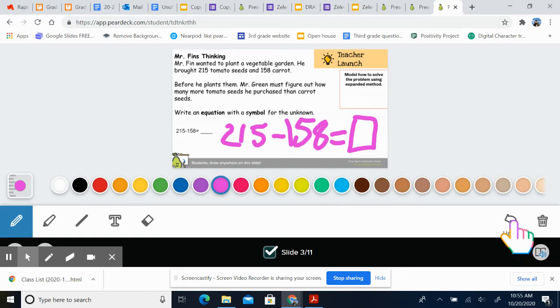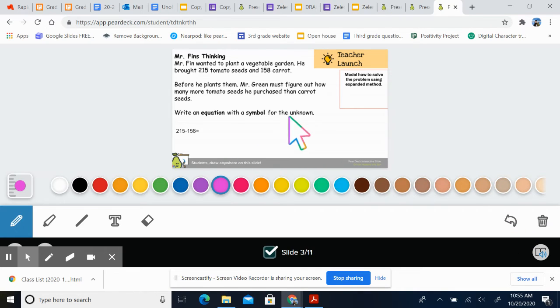So let me really quick model how I would do this. If it's just saying to write an equation with a symbol for the unknown, that's all you'll have to do. But I do want to solve for the unknown using my expanded method. So I'm going to use my stylus to help me with this. So give me 1 second.